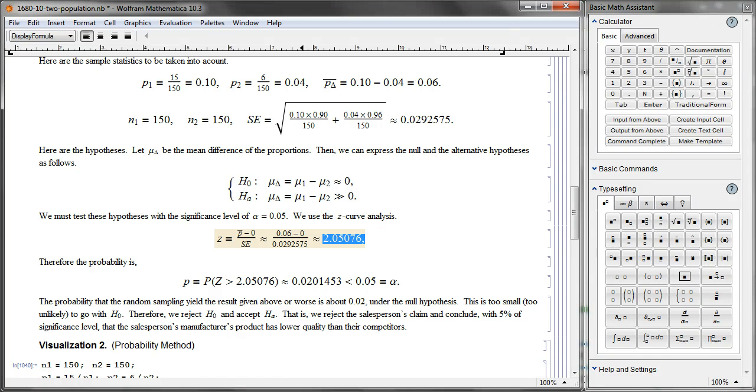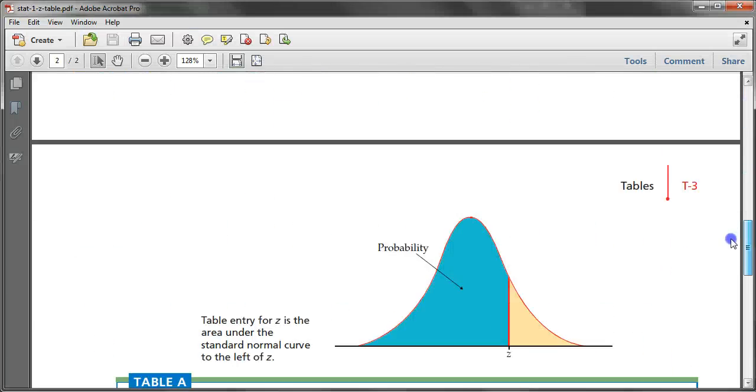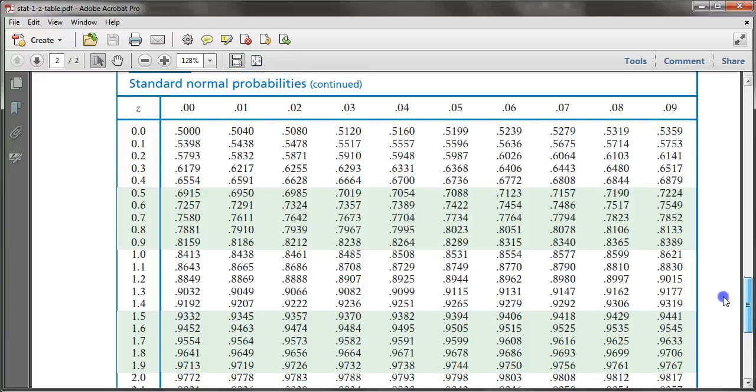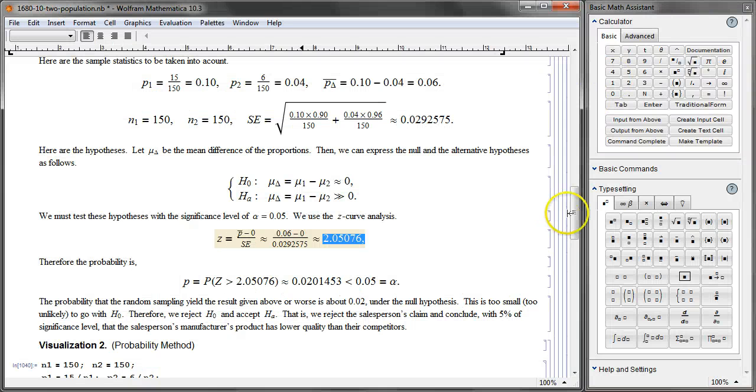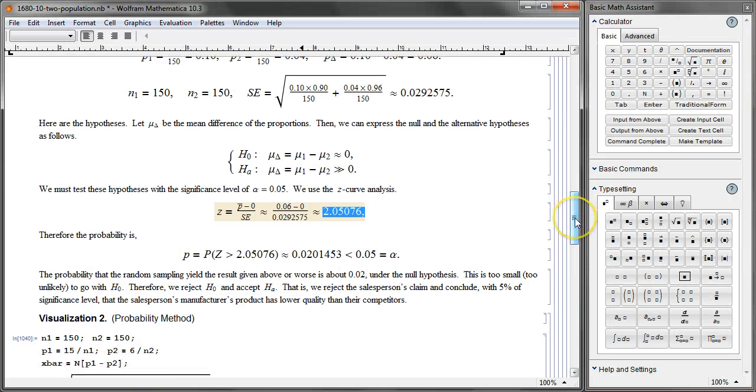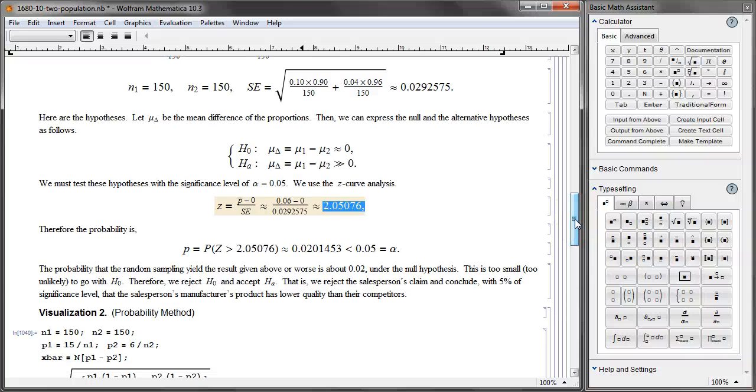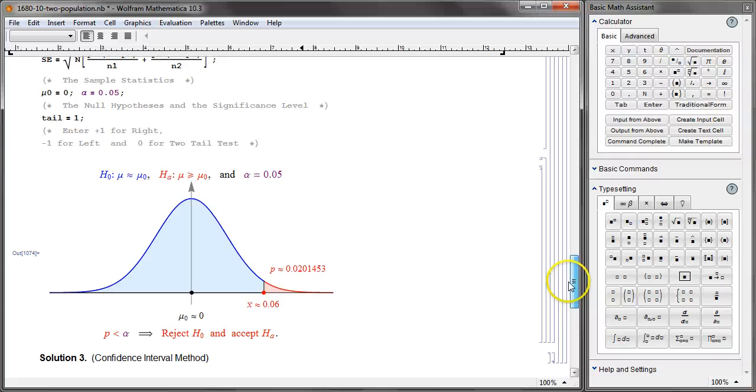Let me show you. Let's go to the second page. 2.05, you get 0.9798. So subtracting that from 1, you get 0.02 something, and that's less than alpha value. Consequently, we reject null and accept alternative hypothesis.